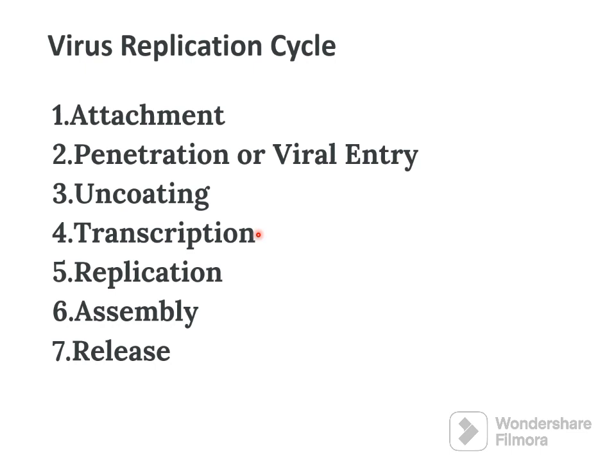Because they are already in the form of a messenger RNA, there is no need to form another messenger RNA that can be used to make copies. So this stage is usually skipped in those viruses with positive sense genomes.